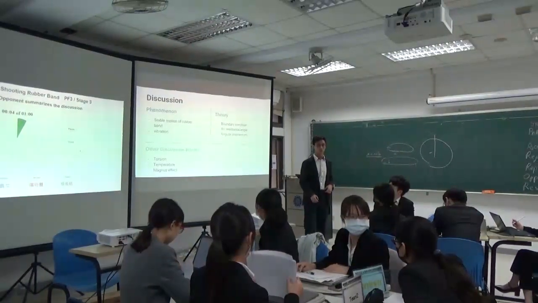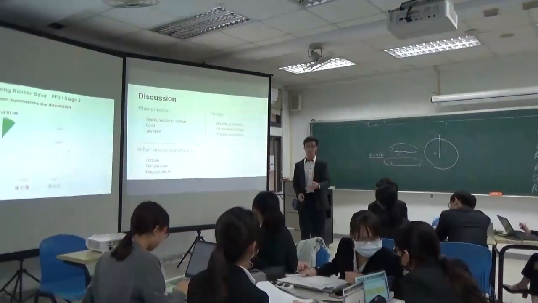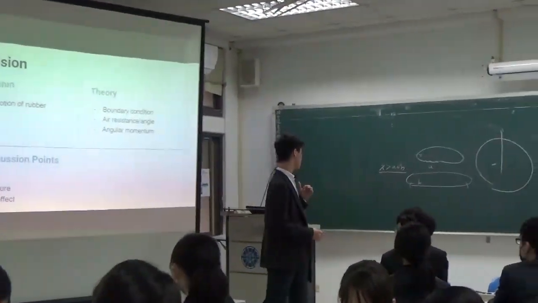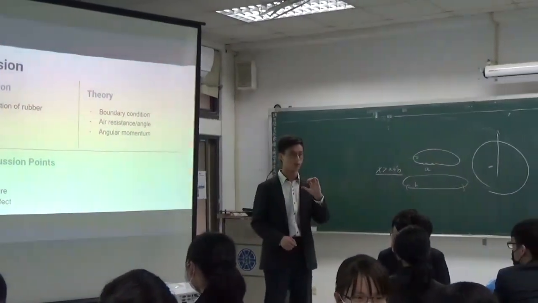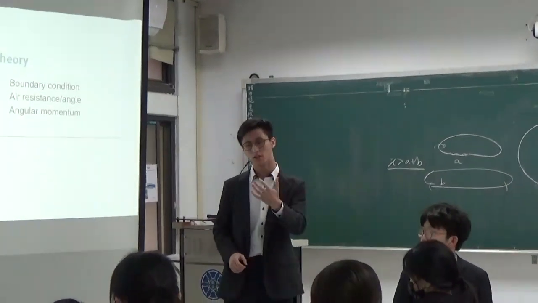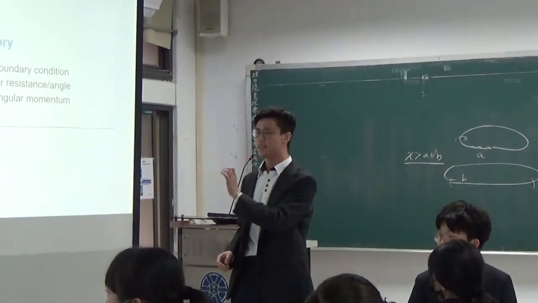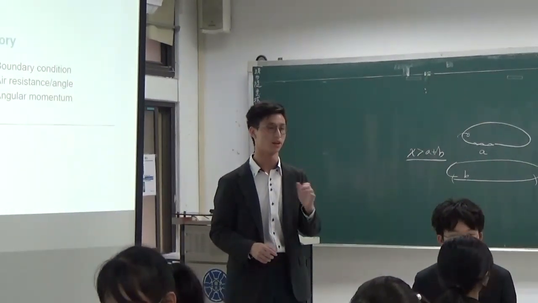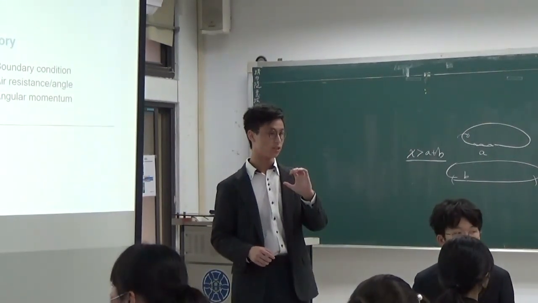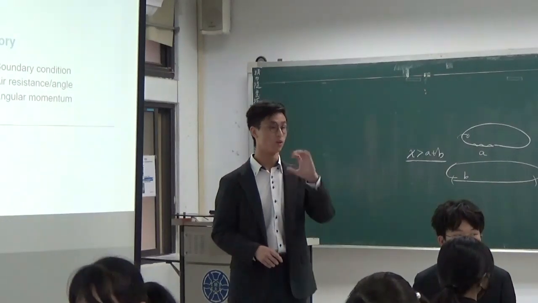To summarize the discussion, at first we discussed the vibration motion of this rubber band. We both concluded that the angular momentum provided by the unevenly stretched band can decrease the precession motion, and therefore decrease the loss of energy due to this unstable motion.